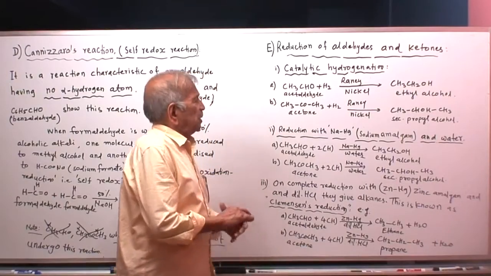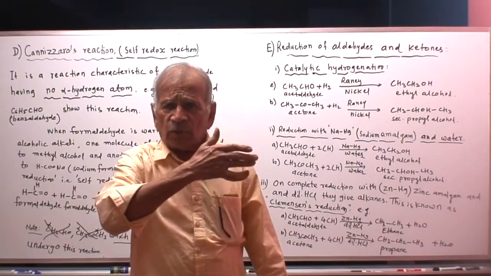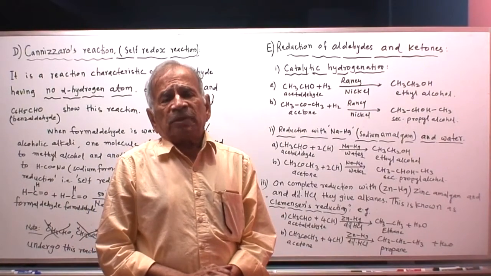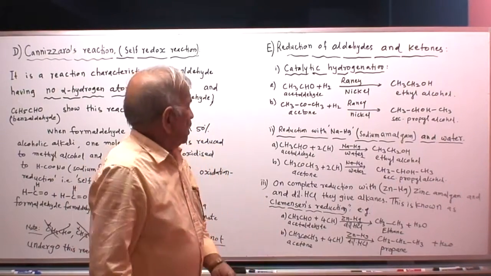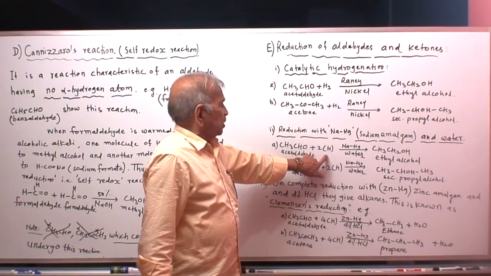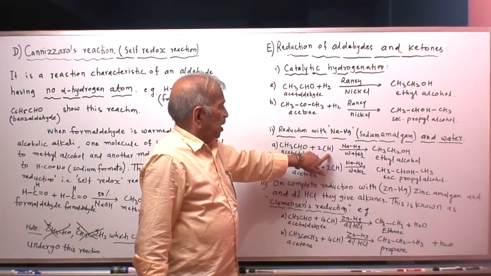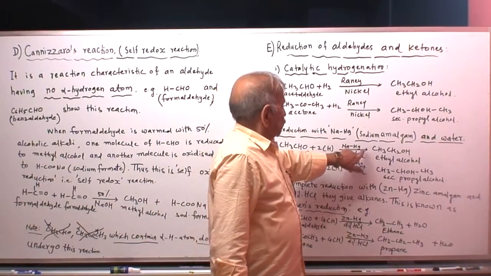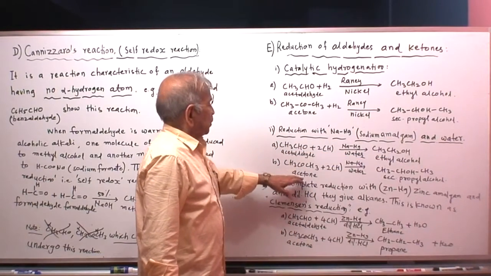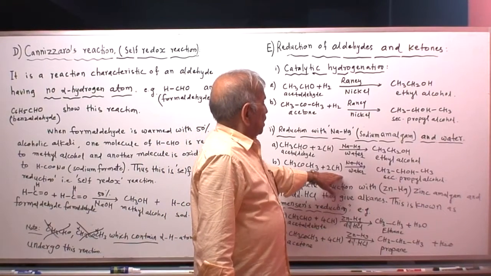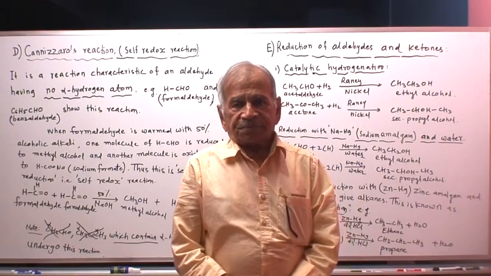I remember I have given you that reaction also: NaHg plus H2O gives NaOH plus H nascent plus Hg as it is. And that nascent hydrogen brings about reduction. CH3CHO, acetaldehyde, reduction with sodium amalgam and water as reducing agent, gives ethyl alcohol. Acetone, reduction, plus 2H, sodium amalgam and water, gives secondary propyl alcohol.